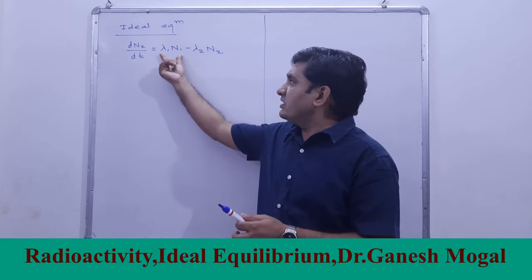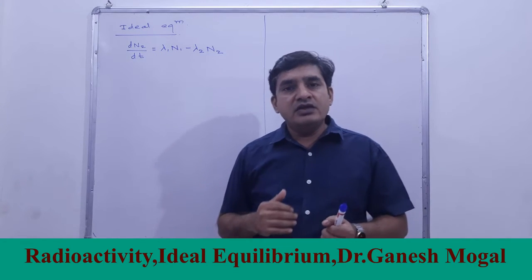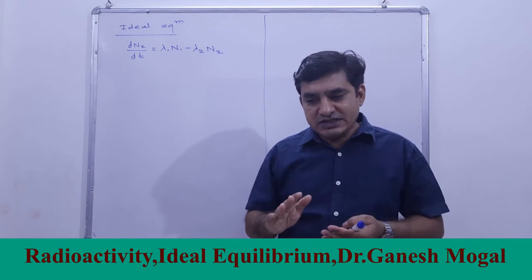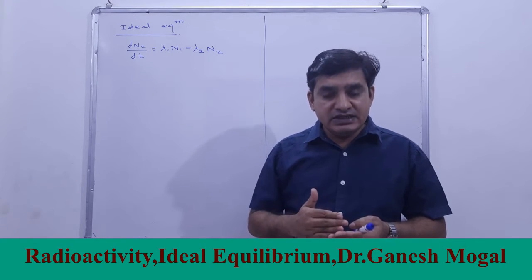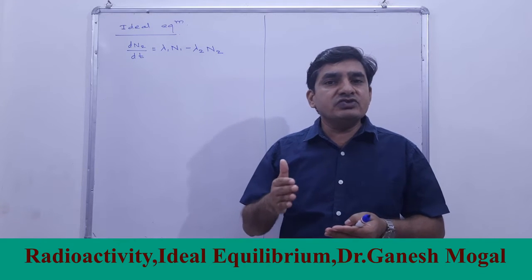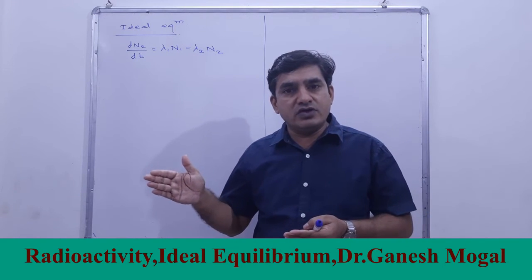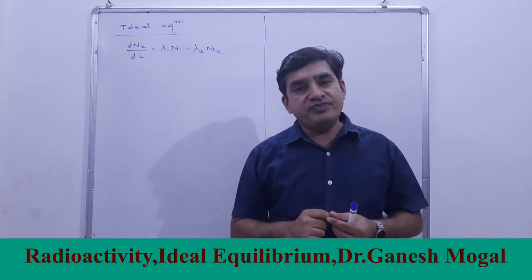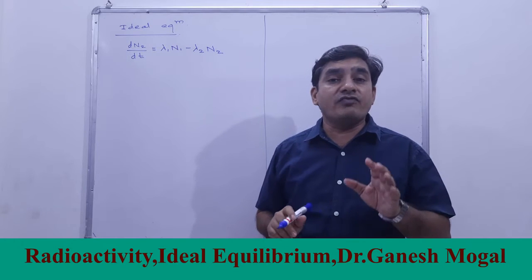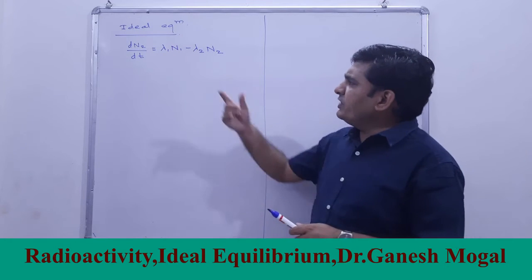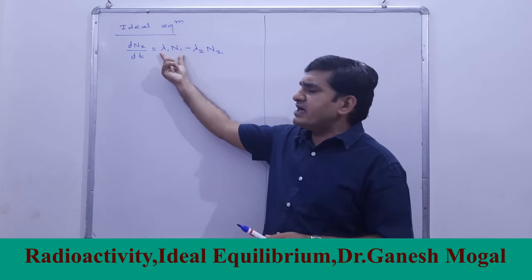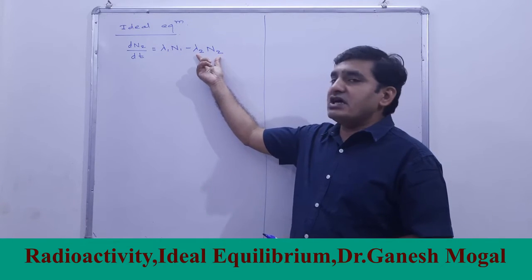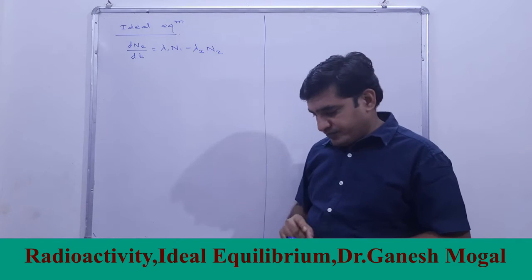The first term represents the formation of a daughter: the parent disintegrates so that there is a formation of a daughter. The second term represents the disintegration of a daughter. Or we can say that the first term is the activity of a parent and the second term is the activity of a daughter.